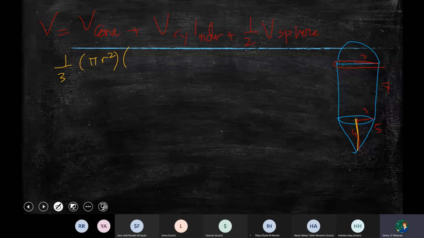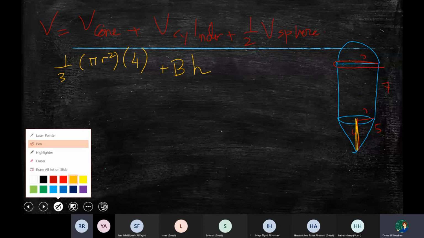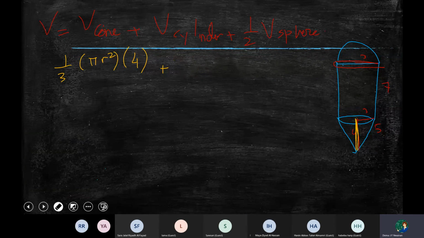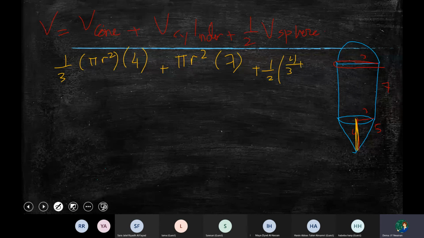The height here, which is perpendicular to the base, is 4, plus the volume of the cylinder. It is base times height, pi r squared times the height, which is 7, plus half the volume of the sphere, which is 4 over 3 pi r cubed.